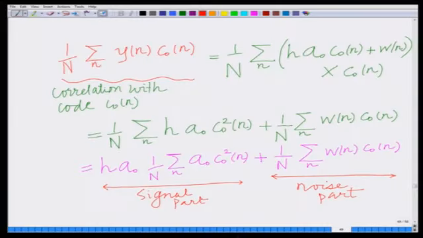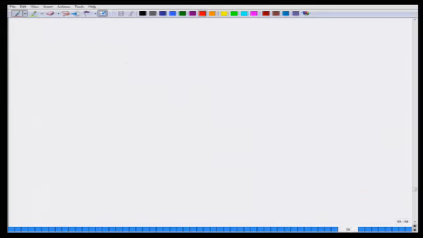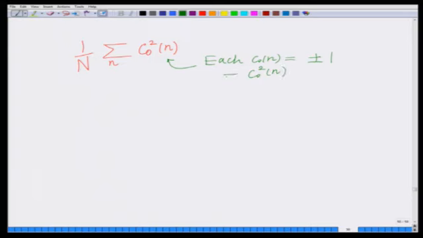and the noise part. Now, if you look at the signal part, we have 1 over N summation over n of c0 square of n. Now, each c0[n] is equal to either plus or minus 1, which implies c0 square of n is equal to 1.